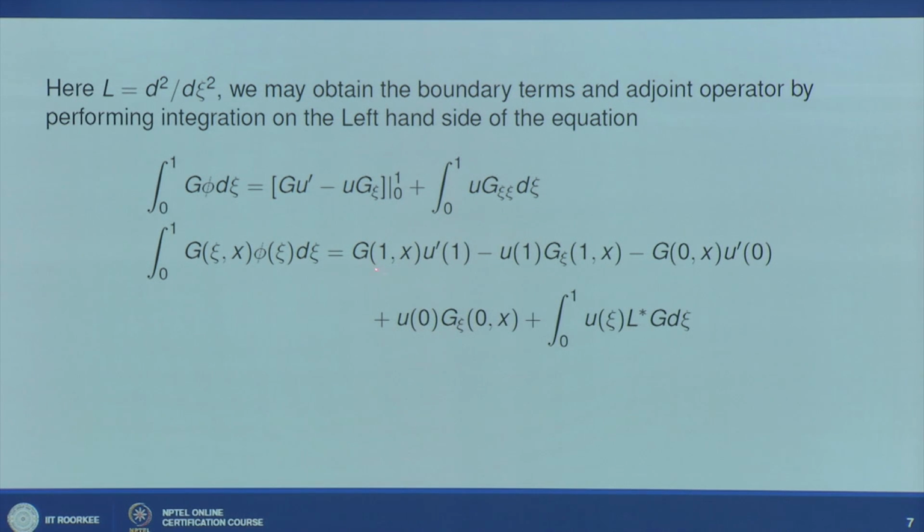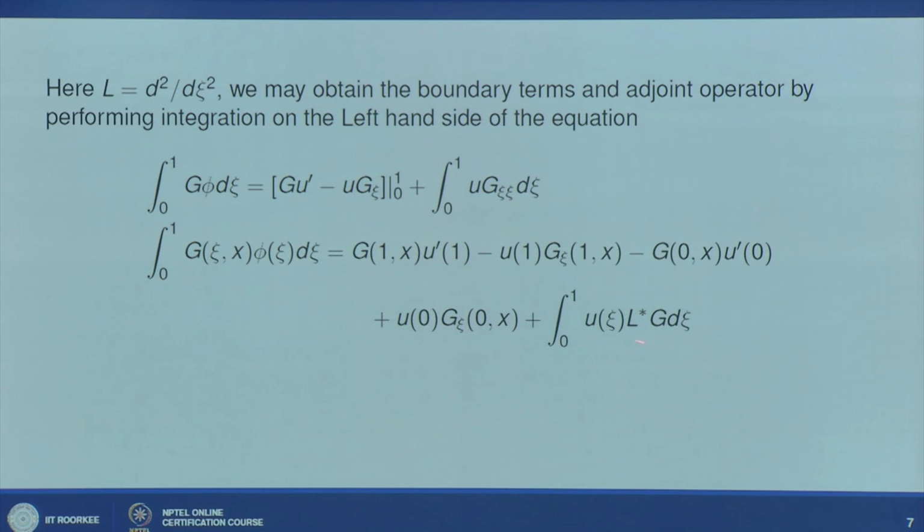So it means that these two terms are going to drop out. The only thing left here is this and this, and if you look at this term, I want that this should give the solution of the problem. So it means that the integral from 0 to 1 of u(xi) L star g d xi should somehow give the function u of x.